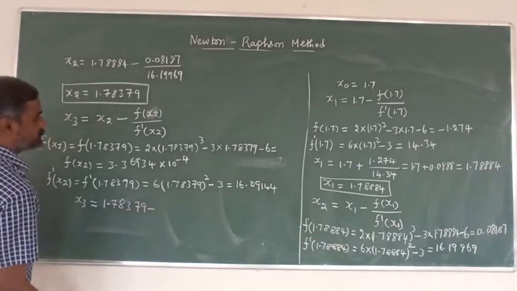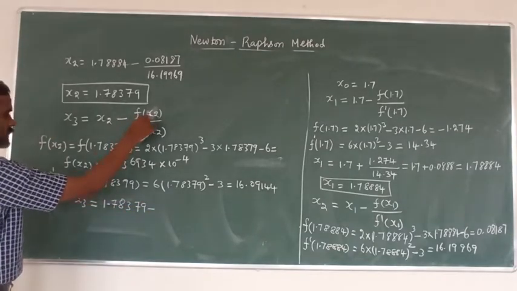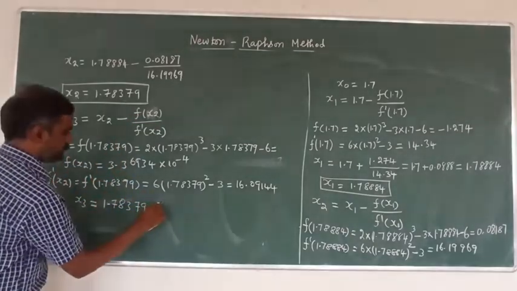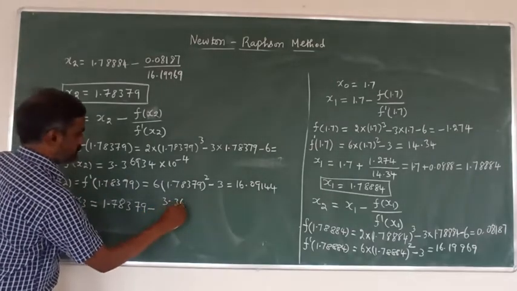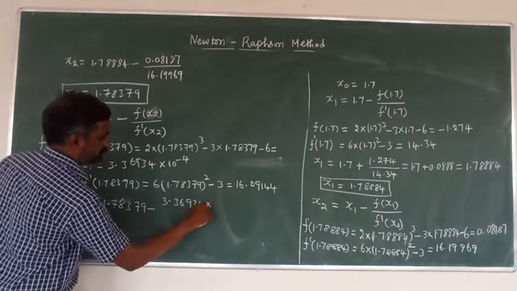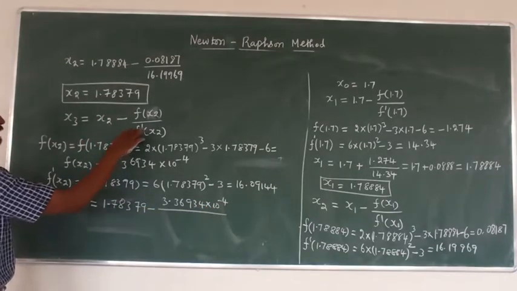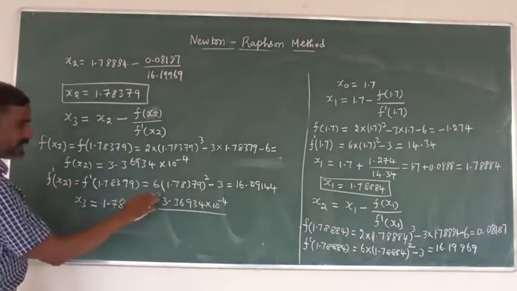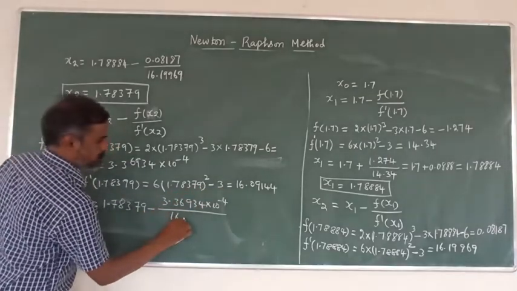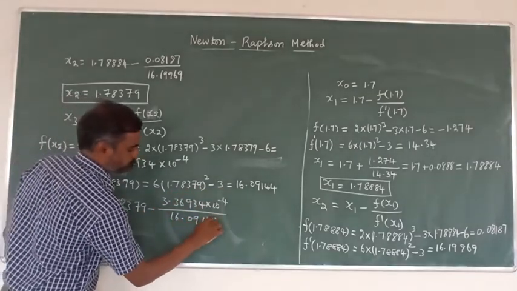x3 equals x2 value 1.78379 minus f of x2 value 3.36934 into 10 to the power of minus 4 divided by f dash x2 value 16.0914.